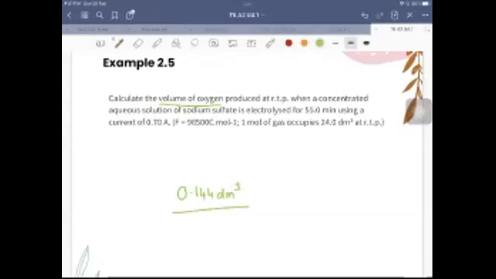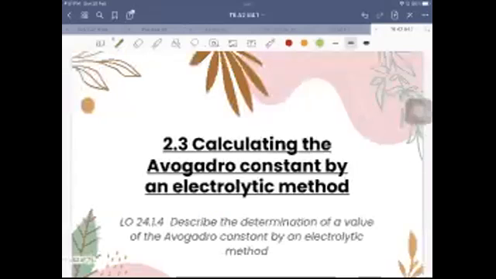Right, we will move on to the next one, which is to calculate the Avogadro constant by an electrolytic method. So you can actually use electrolysis to find the value of Avogadro's constant. And of course, as you would expect, if we are to find out a constant number using experimental or from a practical, of course, the number would be slightly different, but it shouldn't be far off, okay?